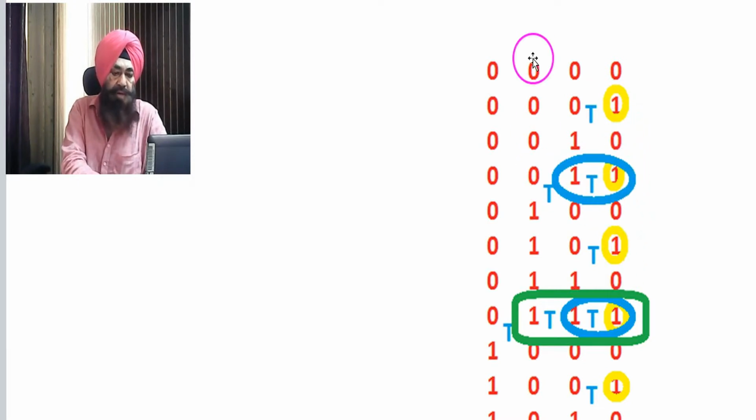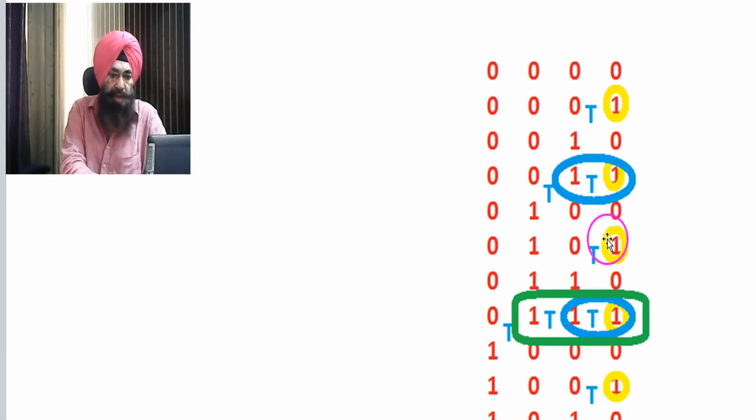Now look at the second one, two zeros to 1, two zeros to 1. But it toggles when in the first column this is high. When this 1 comes in the first column, it toggles 0 to 1. Again, when this 1 comes, it toggles 1 to 0.